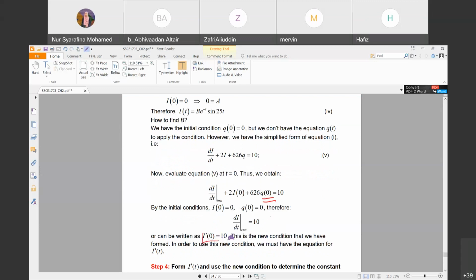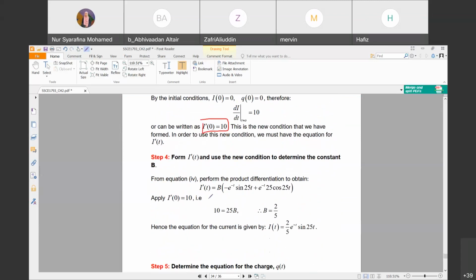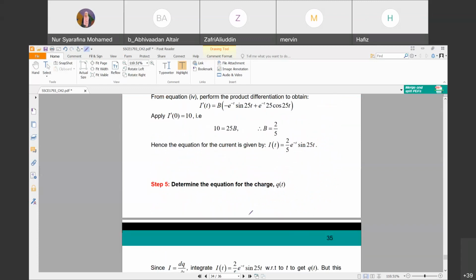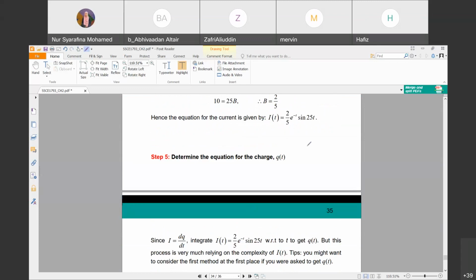Or we can just differentiate. Same. Then apply the condition and find the constant again. Substitute the constant. And remember, I equals dq/dt.